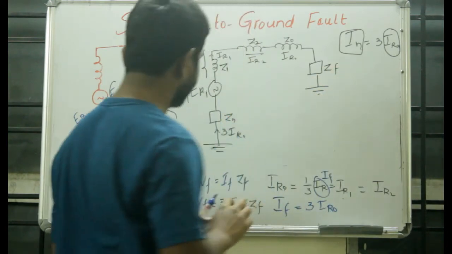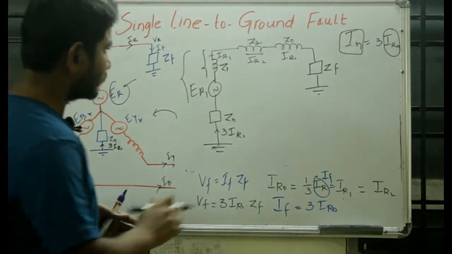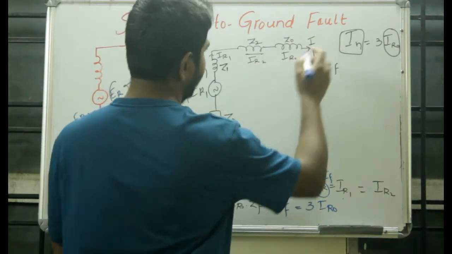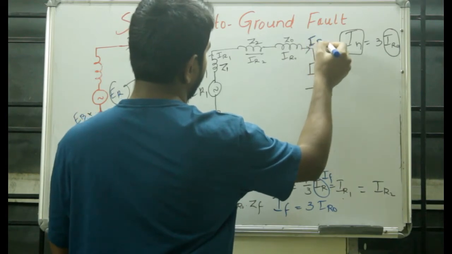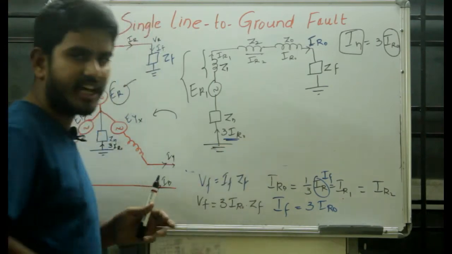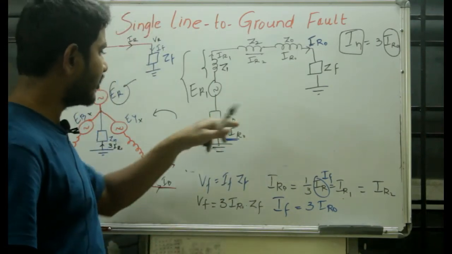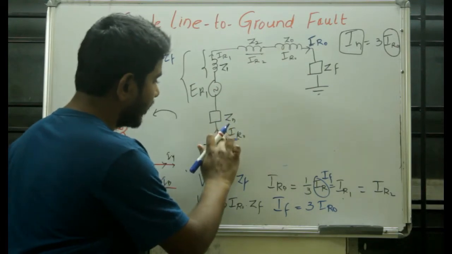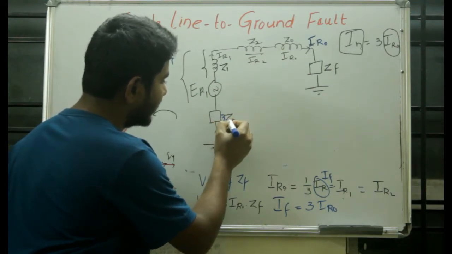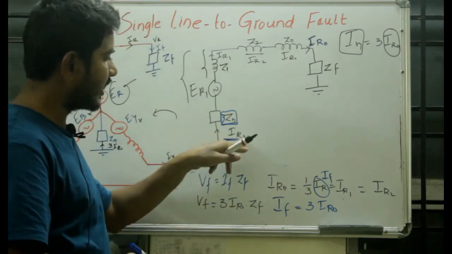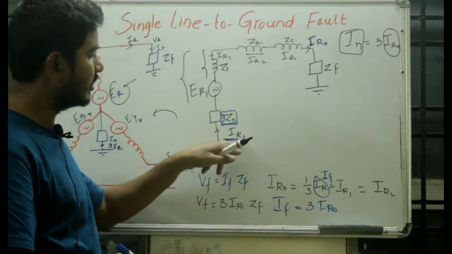Now you can see that the current flowing here in the equivalent circuit is finally IR0. But from the ground you can see the current here is 3 times IR0. That means in order to make this current and this current equal, what we do here is multiply this Zn 3 times, so that you will be having the current simply as IR0, right?